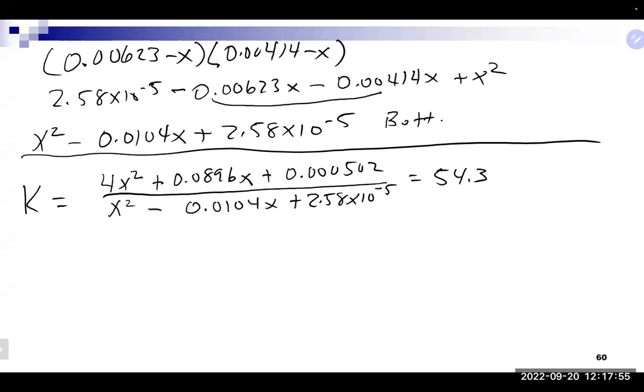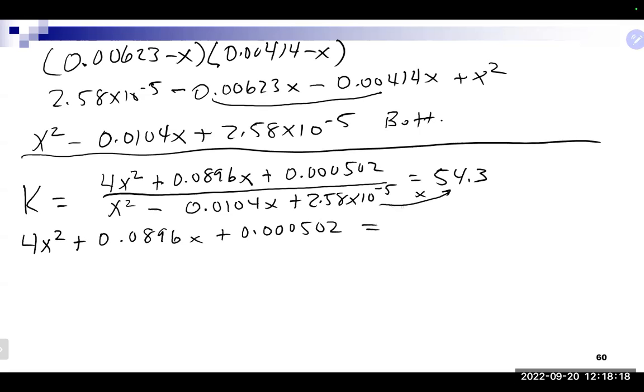Now I still have a little bit more math to do. To solve this correctly, we have to take what's on the bottom and multiply it over to the other side. That will leave the top part alone, and nothing happens to the top part. So the top part still stays as 4x squared plus 0.0896x plus 0.000502.